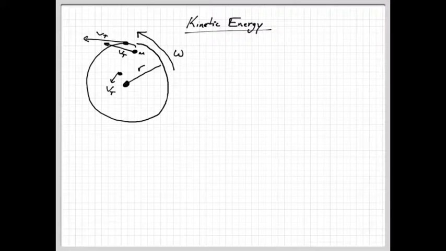The further out you are, the greater your tangential speed. So there's all these different things going on. And if I wanted to know the kinetic energy of this entire system, I would have to find the kinetic energy of each piece of mass, for as many masses that are in there.